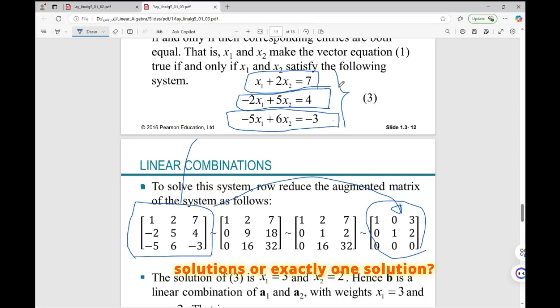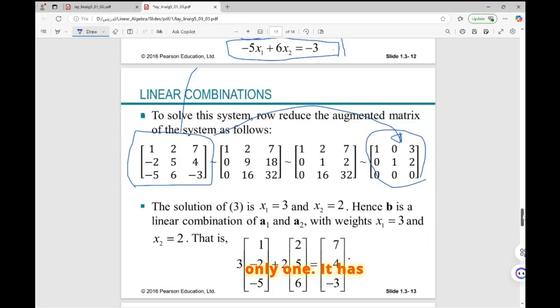Does it have many solutions or exactly one solution? It has exactly one solution. Why one? Because the third column is the right side values, right?